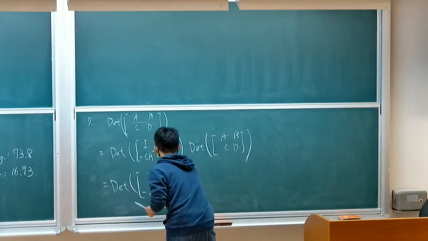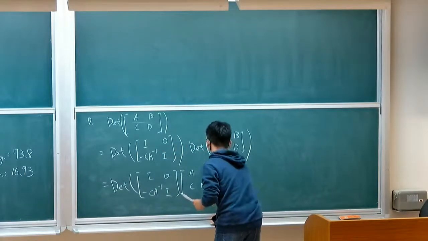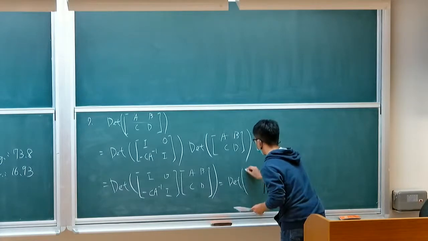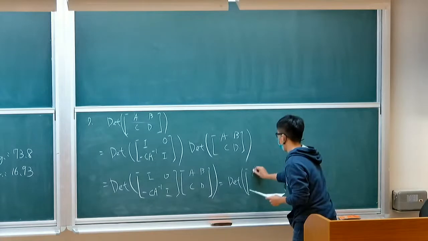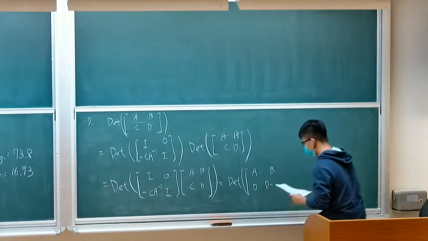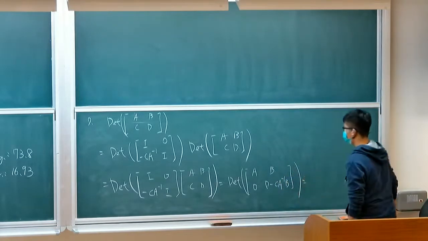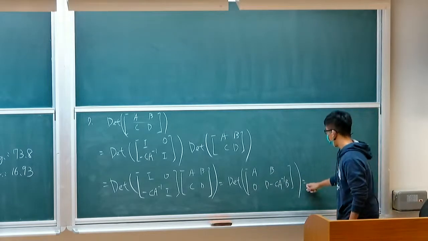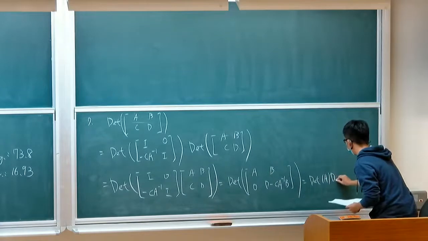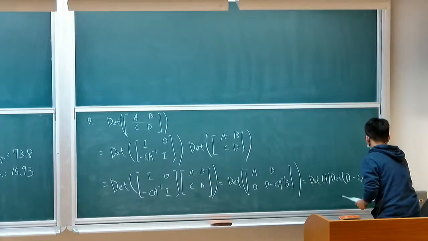Minus C A inverse, I, times A B C D, and it is equal to the determinant of the matrix A, B, 0, D minus C A inverse B. So again, by the formula for block triangular matrix, we have determinant A times determinant of D minus C A inverse B.